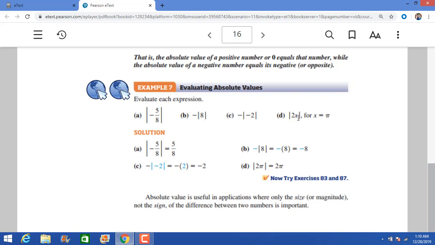Here, the absolute value of 2x for x equal to pi is going to be the absolute value of 2 pi, which is just going to be 2 pi, because pi is positive. Okay, so absolute value is useful in applications where only the size, or what we call magnitude, is important, not the sign.